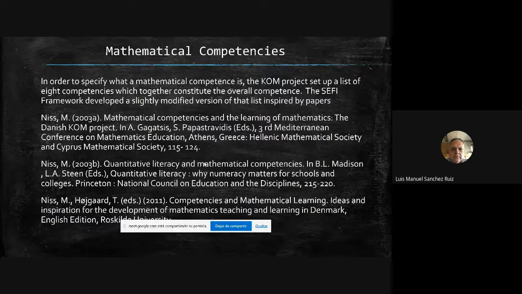So what the SEFI framework did was to modify it slightly, and they presented the 8 mathematical competencies that are very exhaustive, and really this gives, as I have told you, possibilities for future research, because it's an ongoing project, and there are many features that still can be developed.